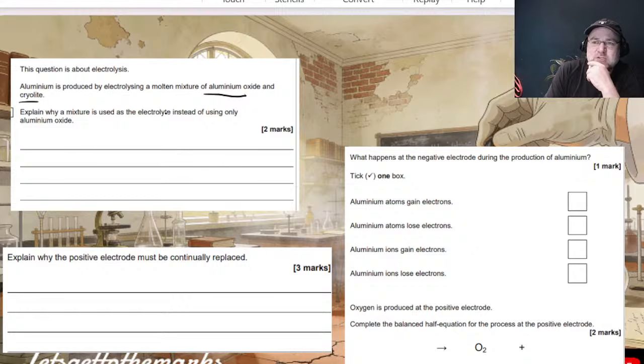Explain why a mixture is used as the electrolyte instead of just using aluminium oxide. So what does cryolite do? Does anyone know what cryolite does?